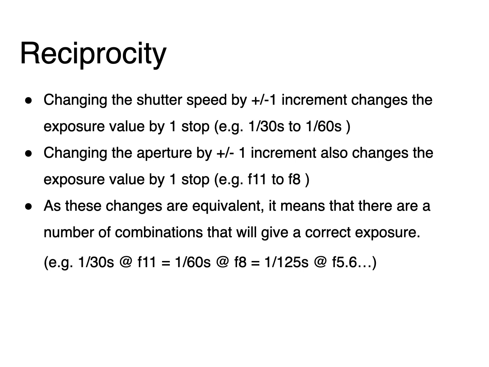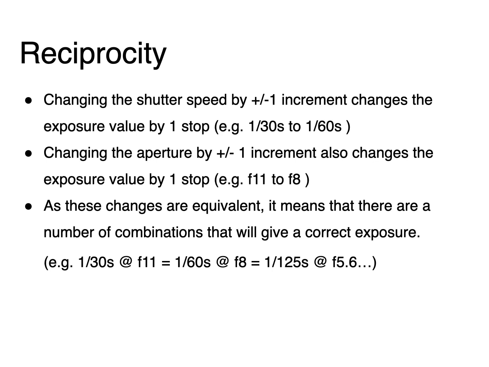It means that there are a number of combinations that will give a correct exposure. As I said, aperture, shutter speed, and exposure are interconnected. So 1 by 30 second at f11 is equal to 1 by 60 second at f8, which is equal to 1 by 125 second at f5.6.